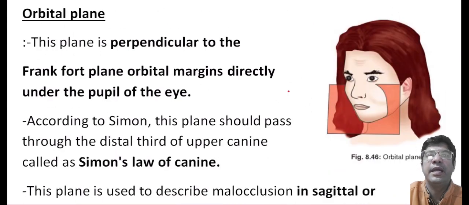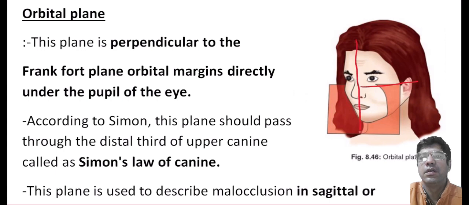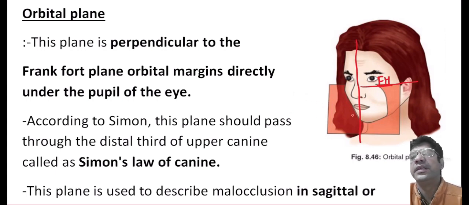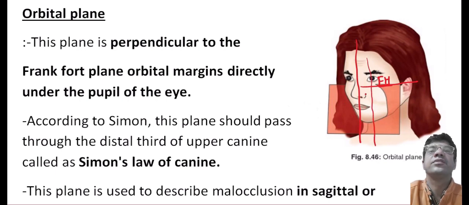Similarly, the orbital plane is perpendicular to the FH plane. According to Simon's law, this plane should pass through the distal surface of the upper canine.